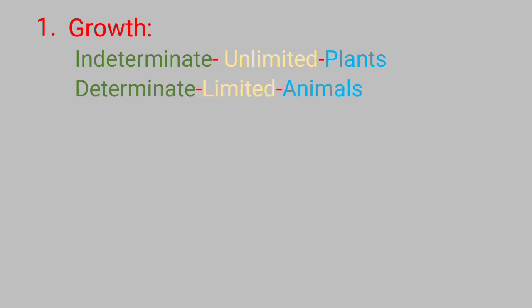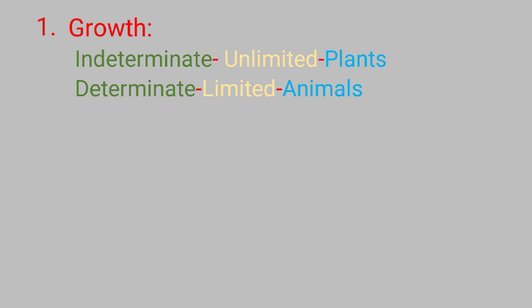Growth is of three types. We have a classification of growth here. First, it is classified into two things, that is indeterminate and determinate. Now what is indeterminate? That is the growth of an organism, the individual.